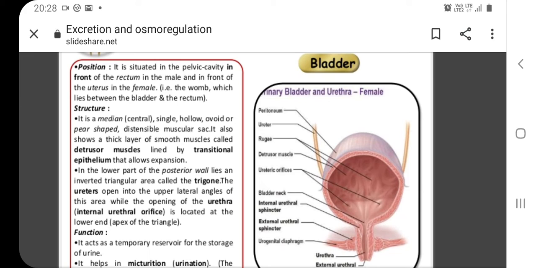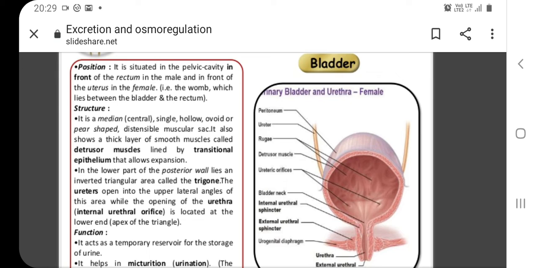The urinary bladder is a distensible muscular sac. It shows a thick layer of smooth muscle called detrusor muscle lined by transitional epithelium that allows the expansion.